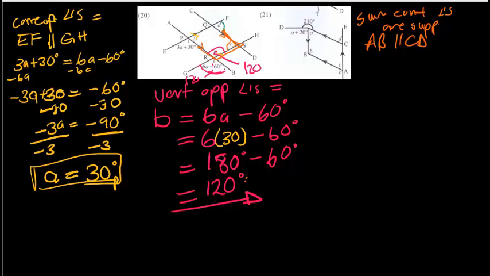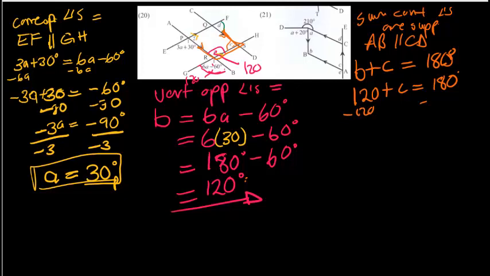Means that I'm going to say B plus C equals 180 degrees because they're supplementary. So B is 120 plus C equals 180, minus 120 on both sides. So C is equal to 60 degrees. There we go. I've got C is 60.